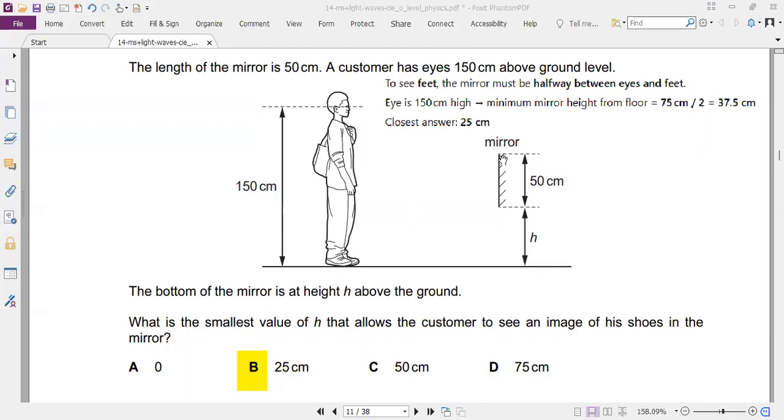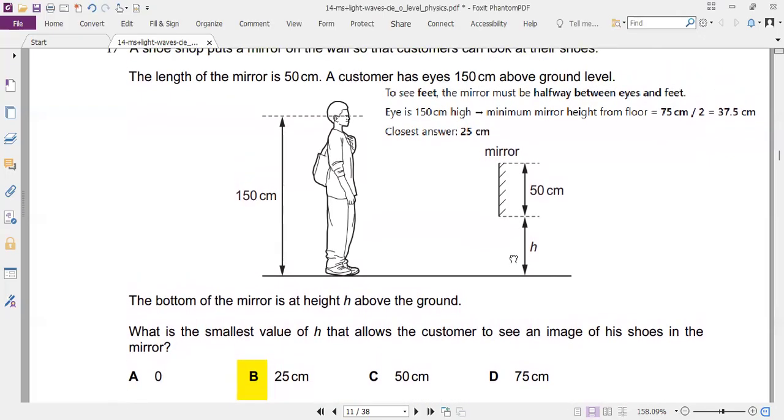So 75 means you have to have 25 from the bottom at least. Okay, so that makes it 75 maximum height of the mirror. It can be above that, but it has to be at least 75 from the bottom. Even if 75 is the last point of the mirror, he can still see his feet.